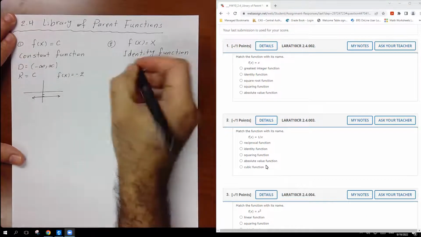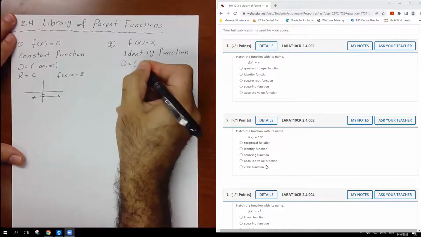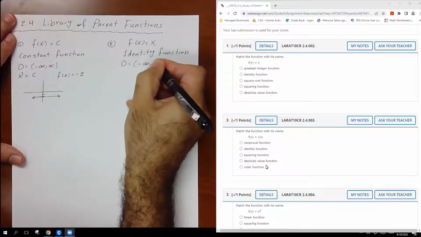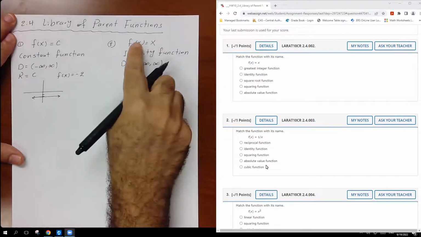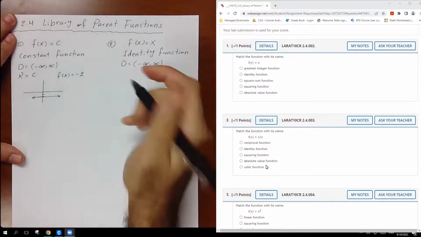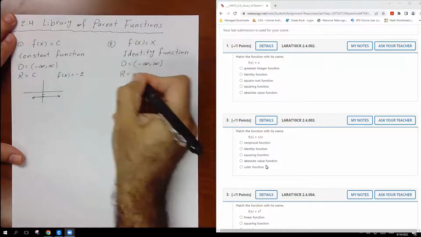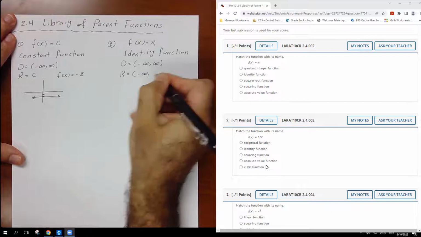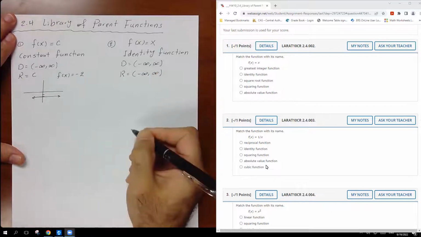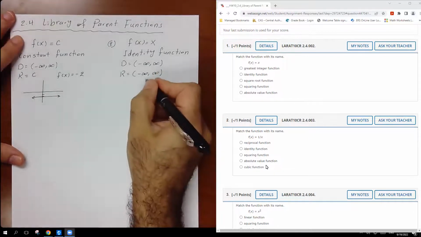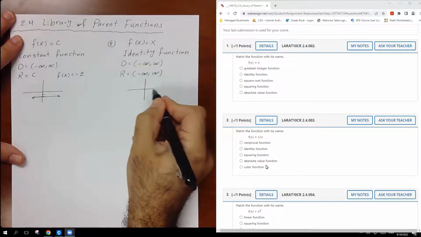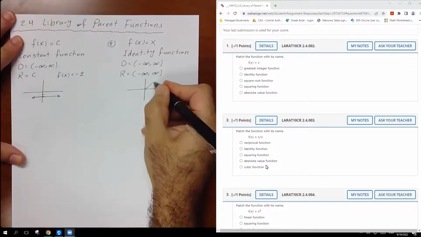The domain is from negative infinity to positive infinity, you can graph it. F of x equal x, graph it, you will see the domain from negative infinity to infinity and the range also from negative infinity to infinity. A simple graph for this function is going to be like this.